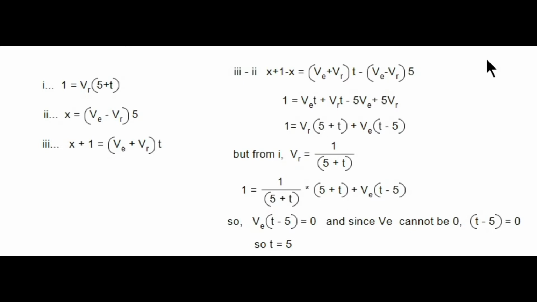Now the calculation is not particularly difficult. I'm sure there's several ways of doing it, but I employed first of all that distance is velocity times time. So if the hat has drifted and been found 1 kilometer downstream from the bridge, the hat drifted at velocity VR, and the total time would have been 5 minutes plus the unknown t. Second, we have a distance that Einstein has been going upstream, which would be VE minus VR times the time 5.